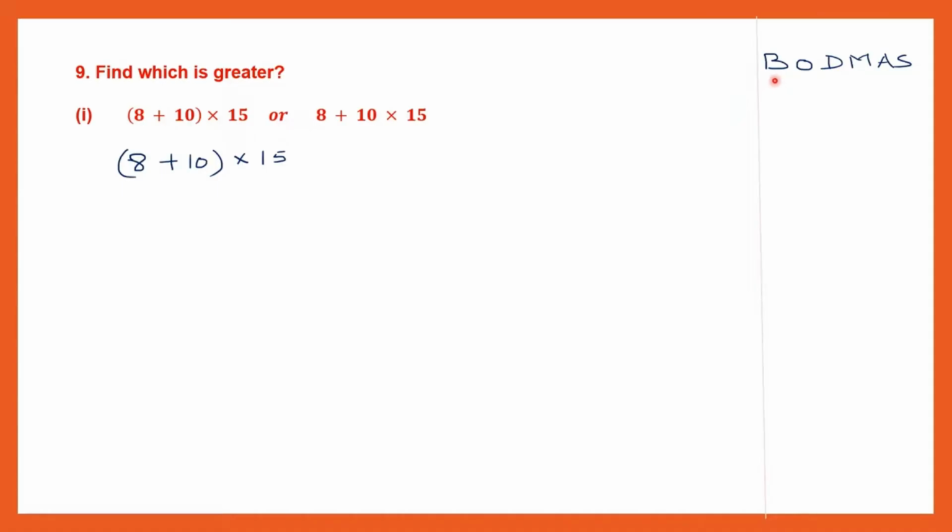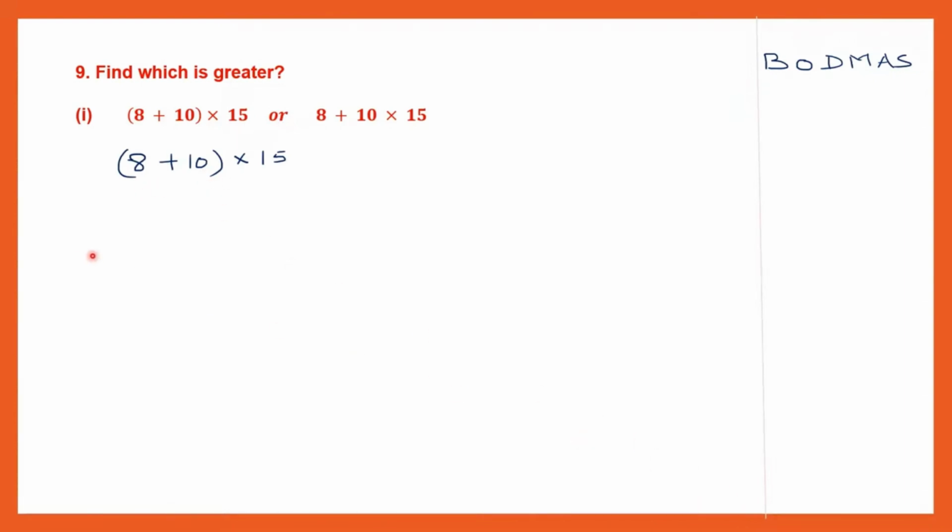If there are brackets given, we have to remove those brackets. After that, we should do OF, then division, multiplication, addition and subtraction. So this is the order to follow when a sum has more than one operation. So we're going to remove the brackets first.